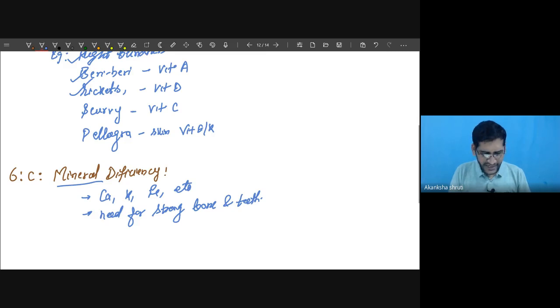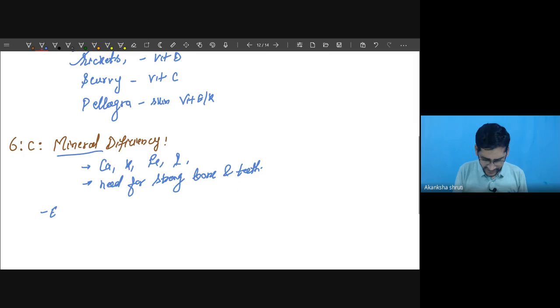Not only metallic things, there are various others also, like your iodine, which is a non-metal, that is also required for the body. Iodine deficiency. So for example, let us write. The first, iodine is present in where? Salt. If iodized salt is not there, then the neck becomes swollen, and a swollen neck is called goiter.